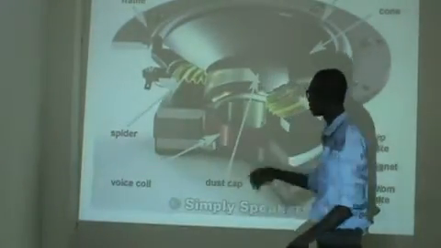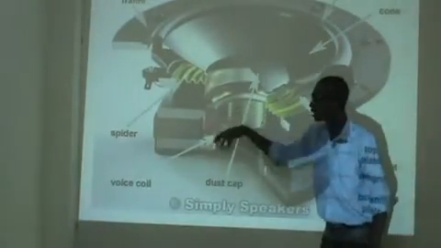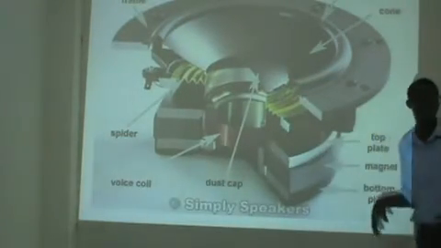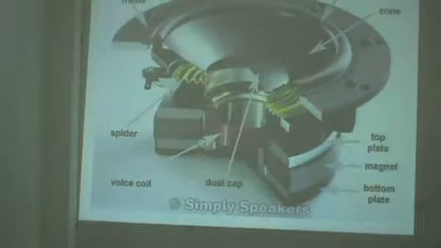Of course, the coil that gets the supply compared to the audio energy for us to hear. Then of course, there's a plate on top of the magnet, and then another one at the bottom, so the magnet wouldn't easily crack.